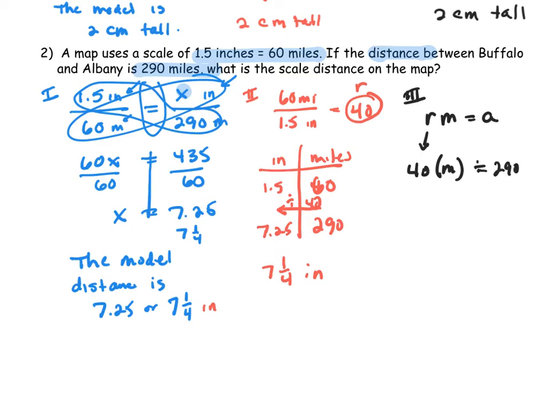So just like in the proportion method, we're going to divide both sides, this time by 40, and we're going to get that our scale measurement is 7.25, or 7 1/4 inches. All right, so let's move on to one more skill.